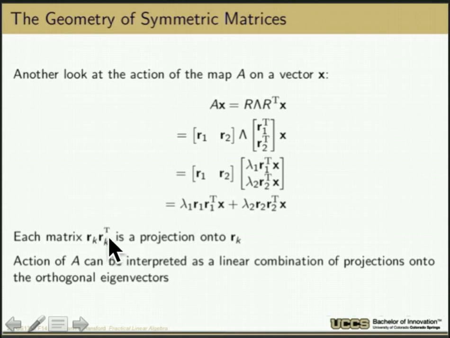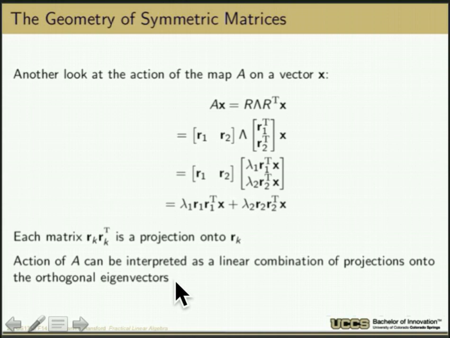R1 R1 transpose is just a projection onto R1. So another way of looking at the action of the map is it's going to project everything. x is going to get projected onto the first eigenvector, scaled by the eigenvalue, plus some projection onto the second eigenvector times its eigenvalue. So the action of A can be interpreted as a combination of projections onto the orthogonal eigenvectors. Again, this is for symmetric matrices.